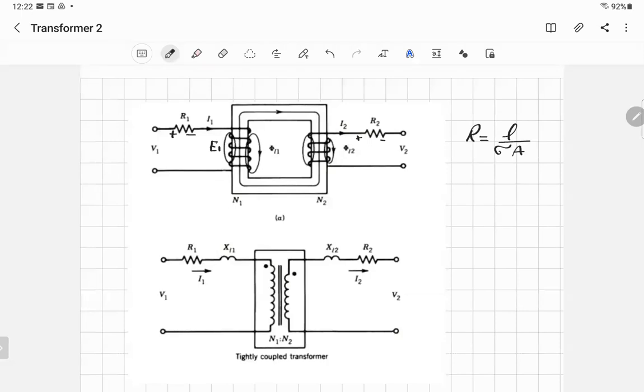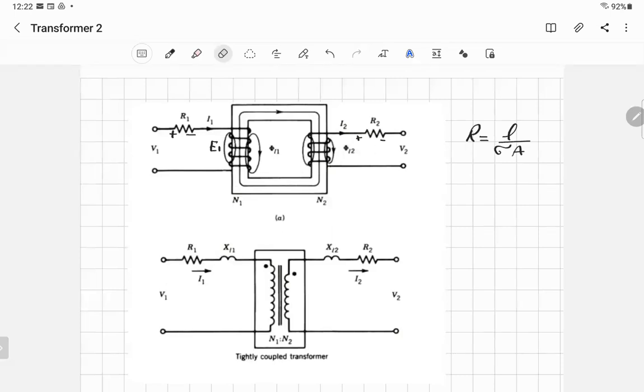There is something else. When you look at the current I1 flowing in the primary winding N1, this current will produce a magnetic field. And the magnetic flux will have two parts. There is one which is flowing through the core.